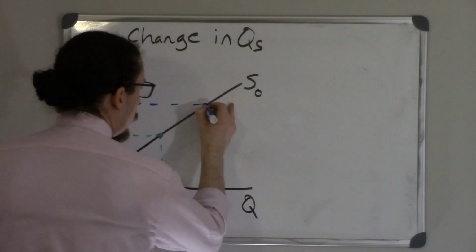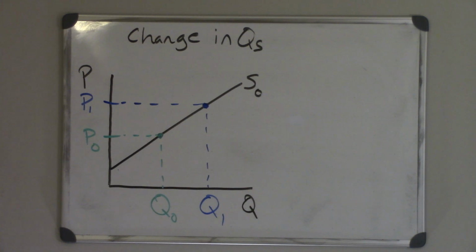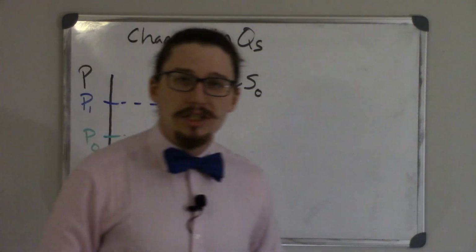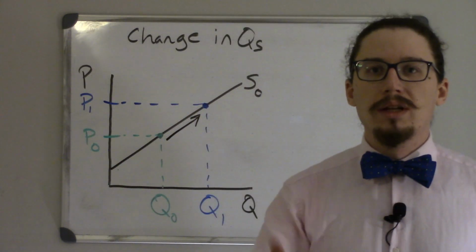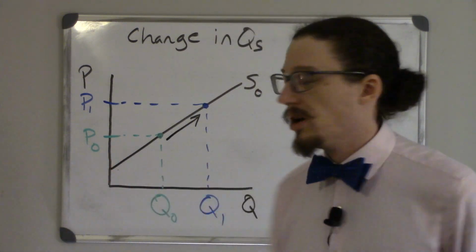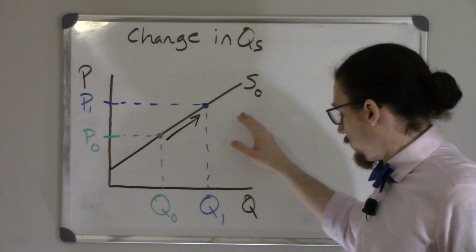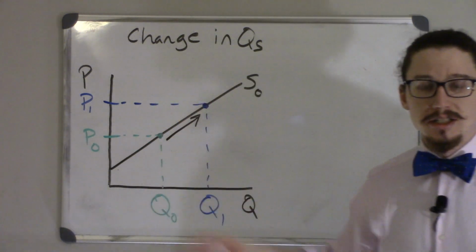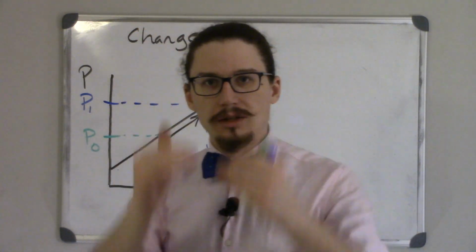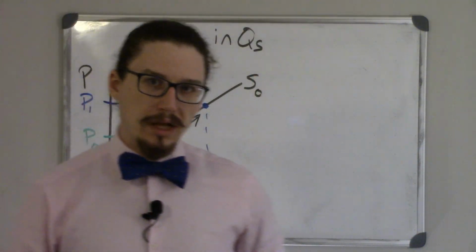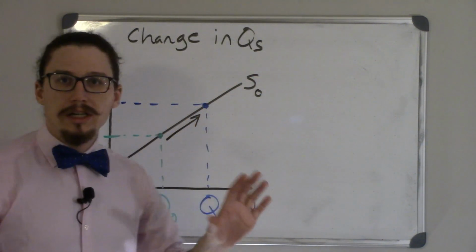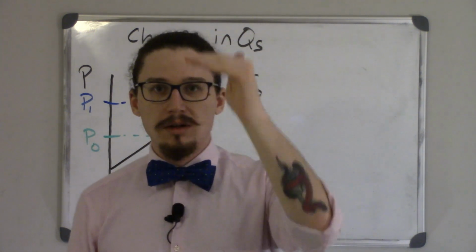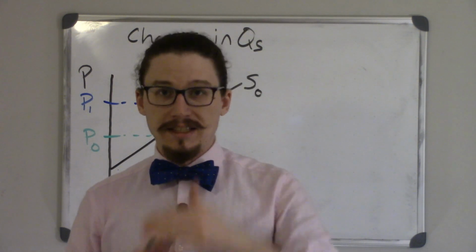All right, all we're doing is moving along this curve, right? The supply itself did not change. The amount that producers are willing and able to sell on the market at all of those given prices did not change. So when we have a change in quantity supplied, we can think of, in the last video when we put that little table up with our prices and our quantity supplied, we're just moving to a different level of that table.